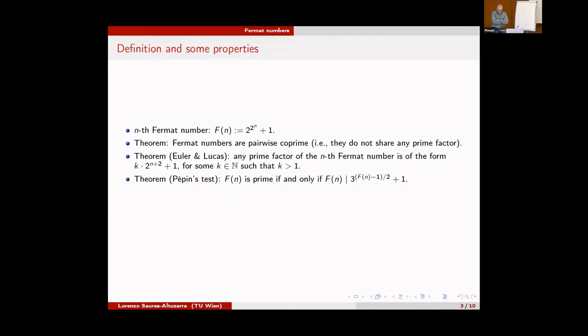And by the way, this test looks intractable, but actually there are algorithms for which it is quite useful.